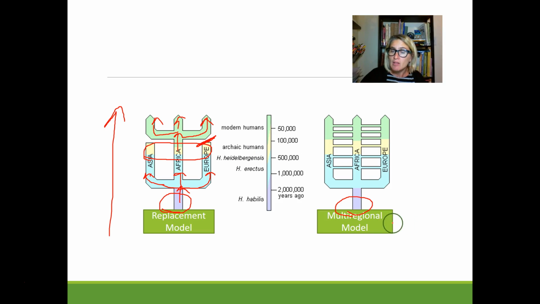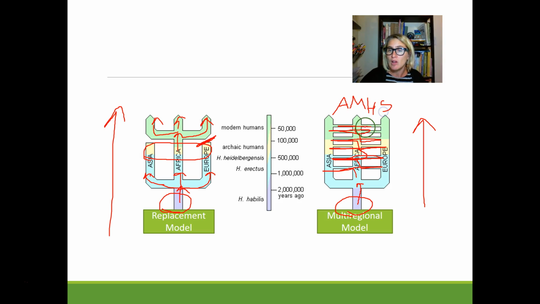The multi-regional model, on the other hand, starts out with Homo habilis that evolves into Homo erectus, and in Africa, Asia, and Europe, you have this continuation of gene flow between these regions as you see the emergence of archaic Homo sapiens that eventually have enough characteristics that make them different, and so we would call them anatomically modern Homo sapiens.